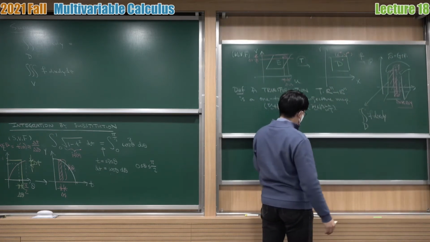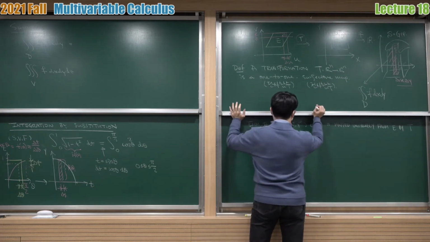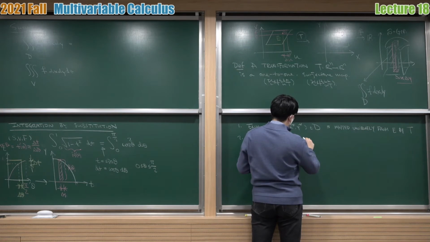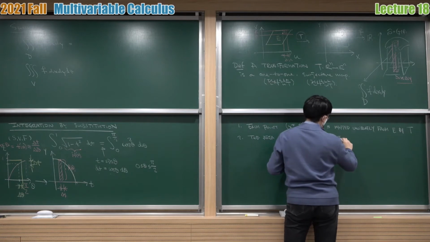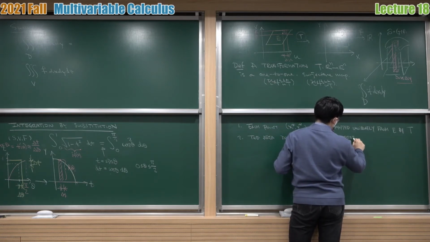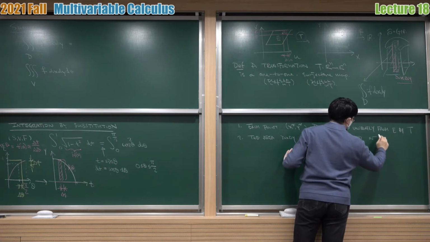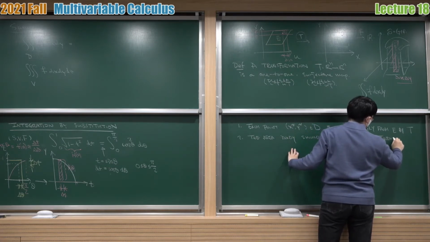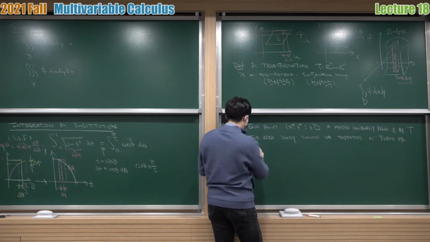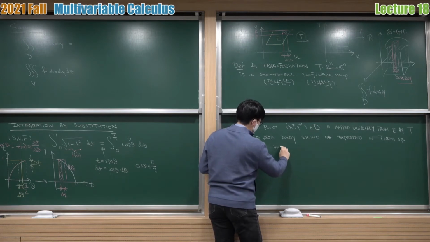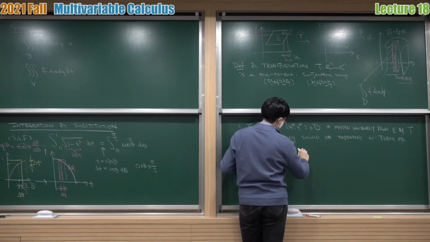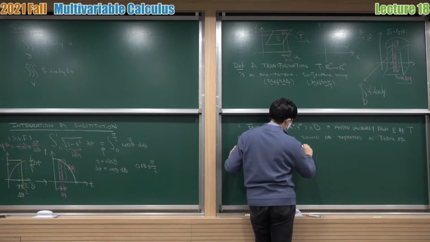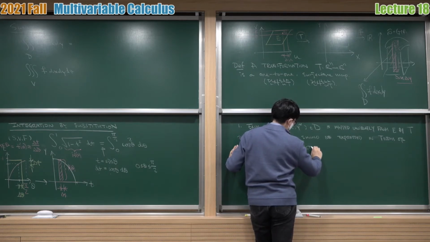However, the area delta x delta y should be expressed in terms of delta u and delta v, or delta u delta v, and that's the important part, with a factor.